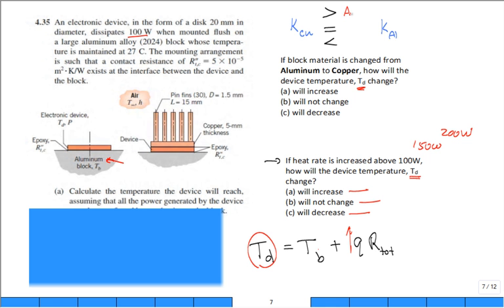So answer A, B, or C. How does the thermal conductivity of copper compare to aluminum? Is everybody in? So let's go ahead and stop.